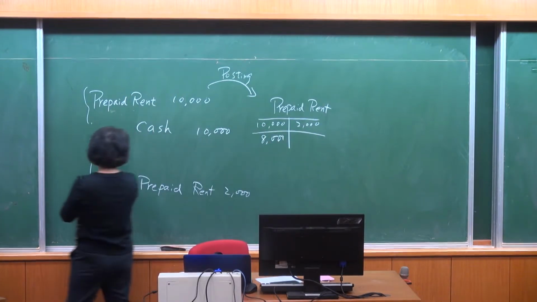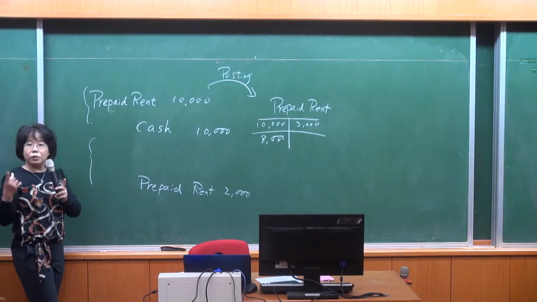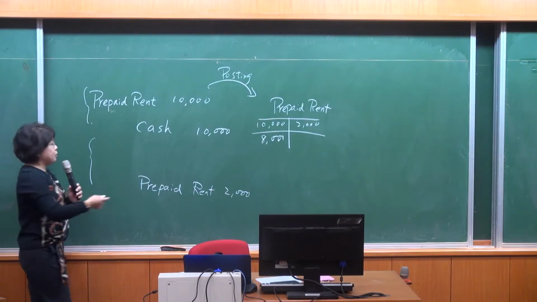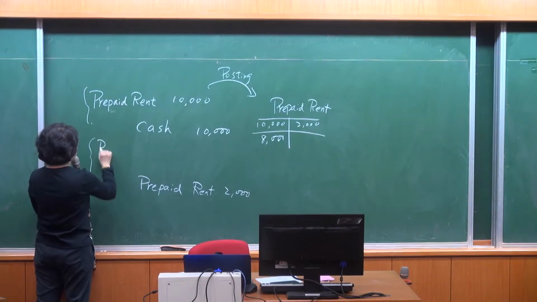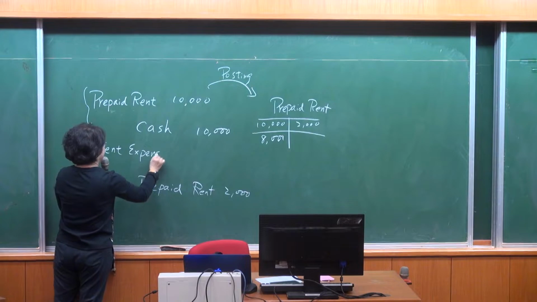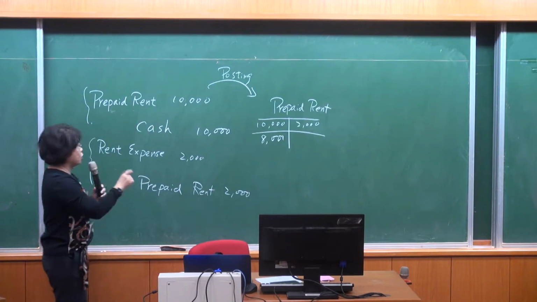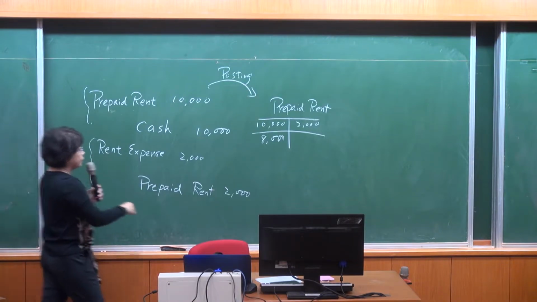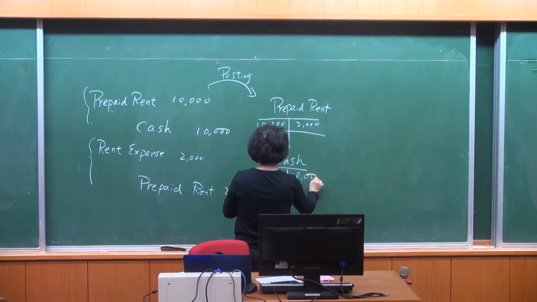So what happened to debit? All entries come with both debit and credit. Because the $2,000 you use transfers to rent expense, $2,000. Okay? So when we do the posting, after here, the posting will be like this. Cash decreases.